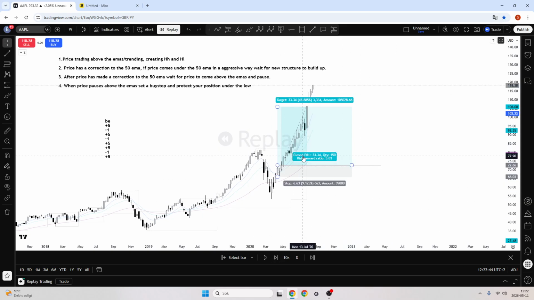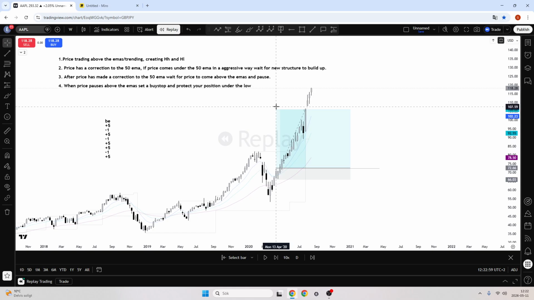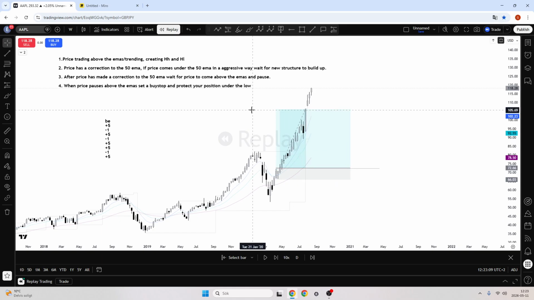So what you can do here, if you close it manually, is wait for price to get to 1-to-5, and instead of selling off the position immediately when it comes to 1-to-5, you wait, especially if it comes above your take profit. So this candle comes above the take profit. If it comes a little bit down, you close it at 1-to-5.